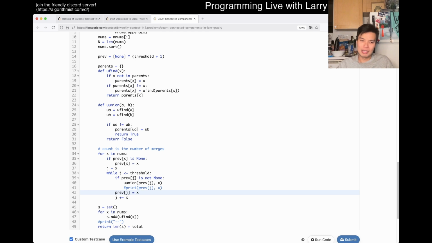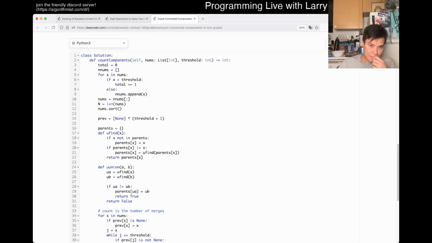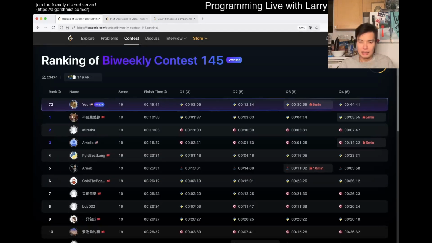It's relatively like the prime sieve, so it's a little bit awkward. But I guess that would have been okay.